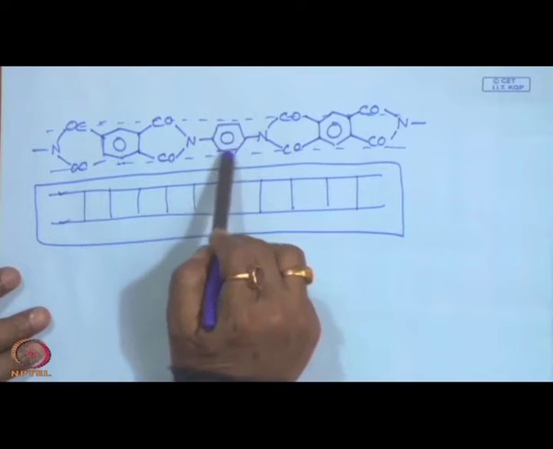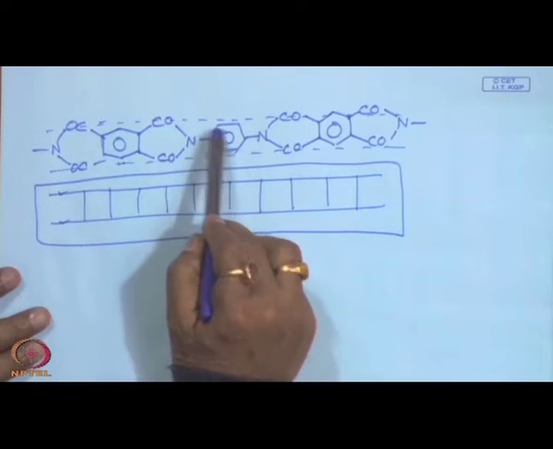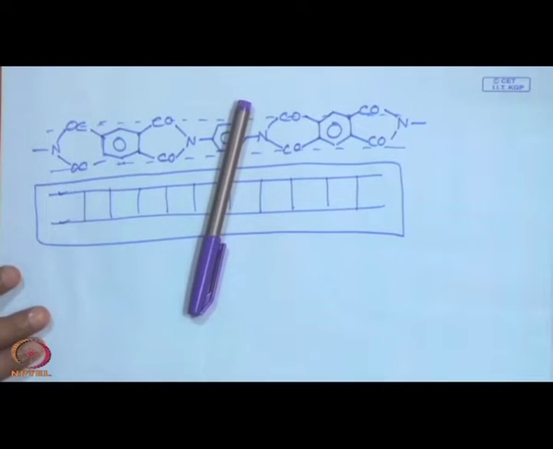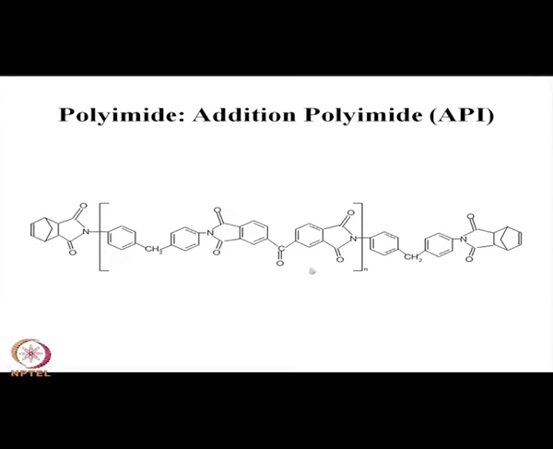Here you can have one rigid phenyl ring or you can have a flexible linkage, like in this structure you see a CO group here, or one can have some ether linkage in place of CO, only oxygen over here. Now, this particular polyimide was made from diamino diphenyl methane and benzophenone tetracarboxylic dianhydride.